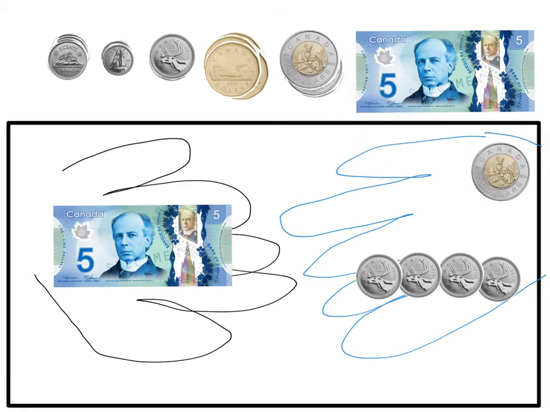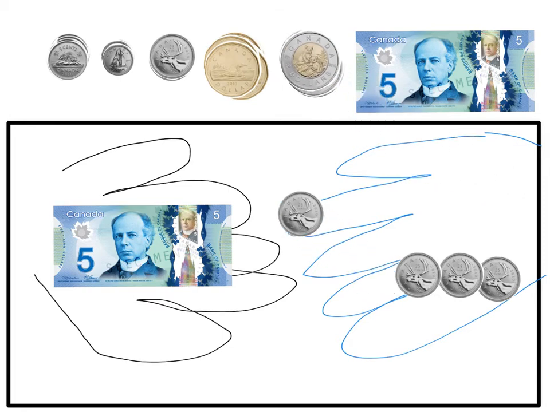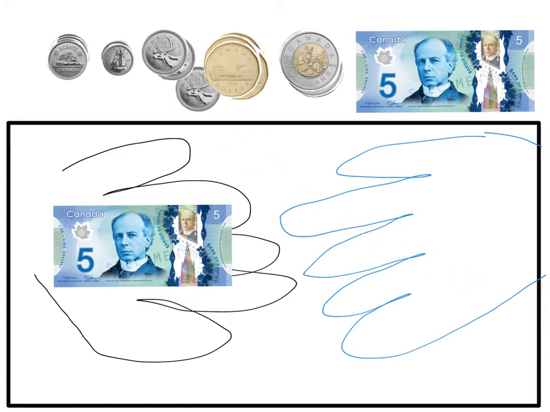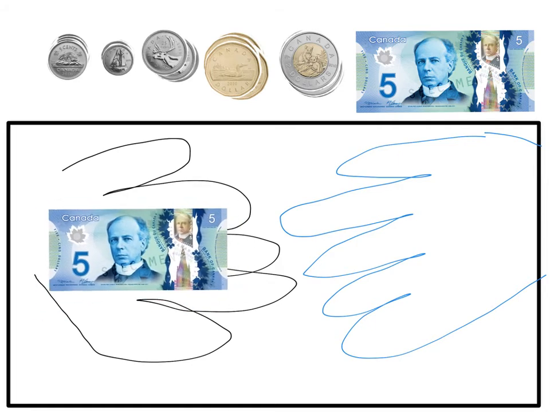Okay, let's put these coins back and do it one more way. This time I'm going to bring some coins out and count them up, and then you can pause the video and think about what other coins you might bring in to finish it off. So we want to trade $5 for some coins.